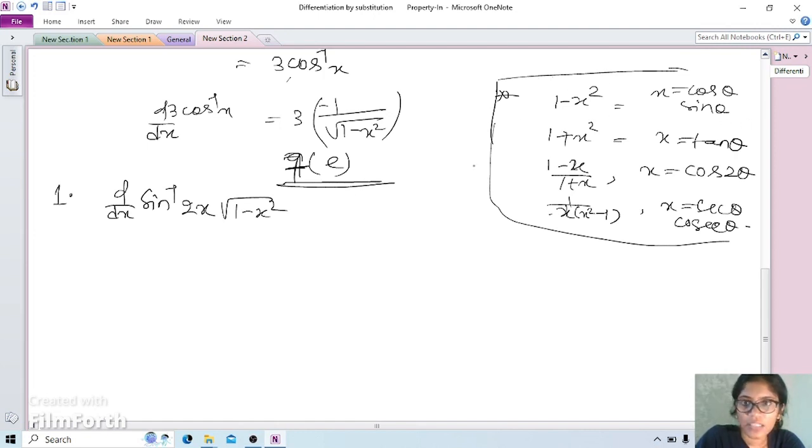Here we have under root of 1 minus x square.